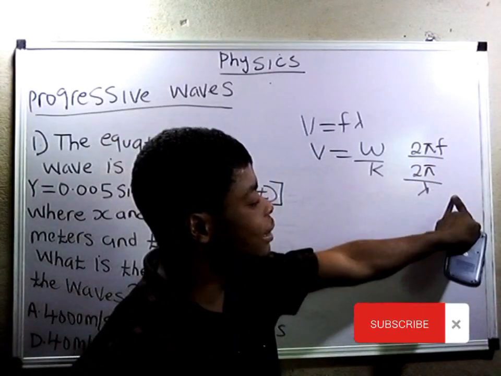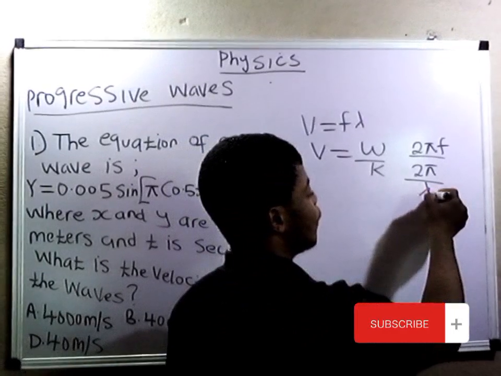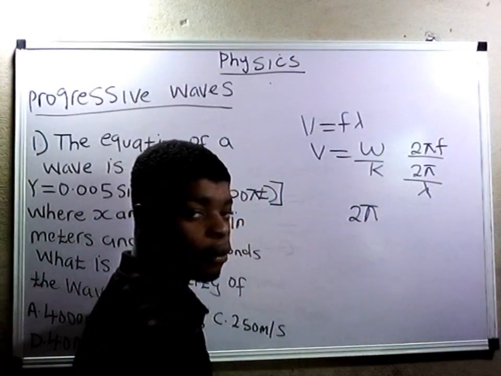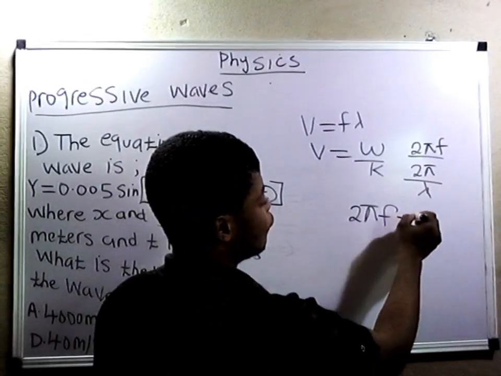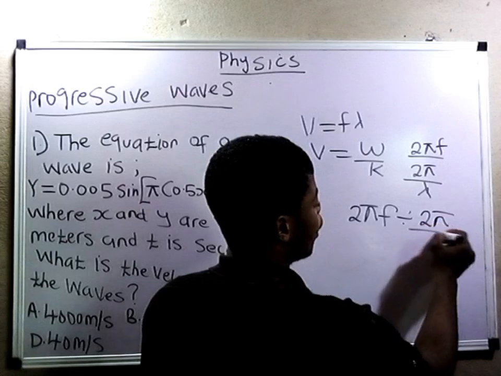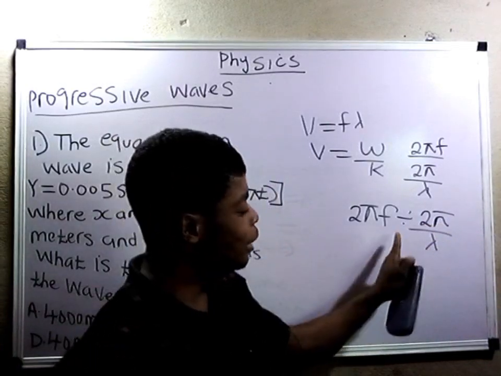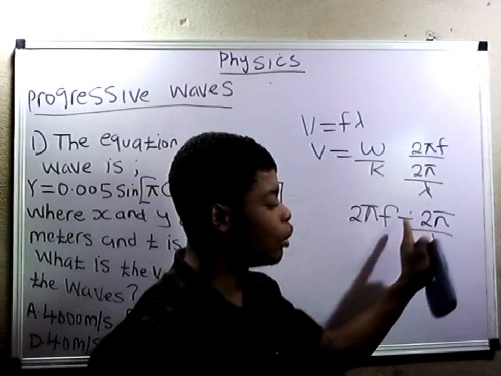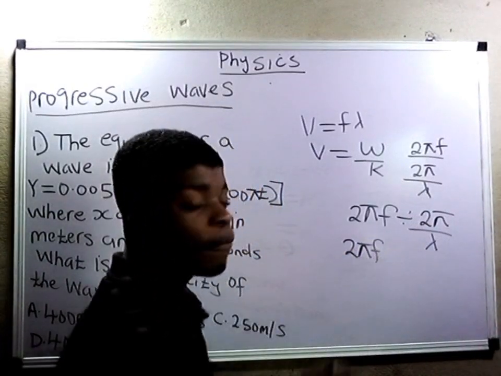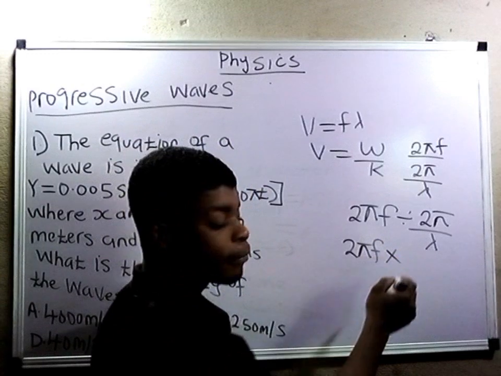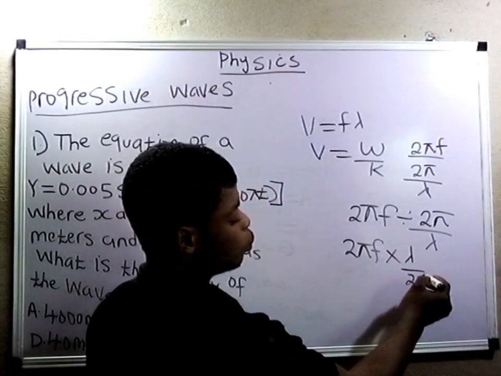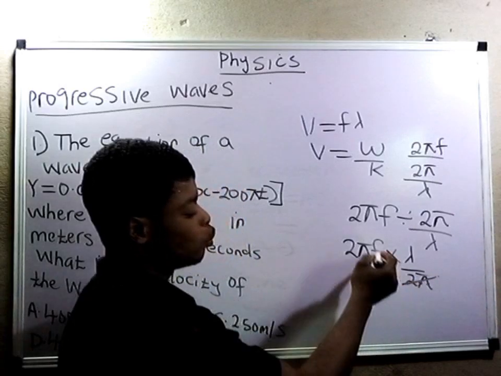So looking at it, we can therefore simplify it by saying 2 pi f divided by 2 pi over lambda. Once we turn this fraction upside down, it turns to multiplication, so that will be 2 pi f times lambda over 2 pi. 2 pi cancels 2 pi.